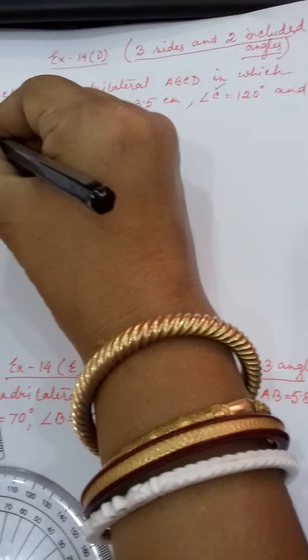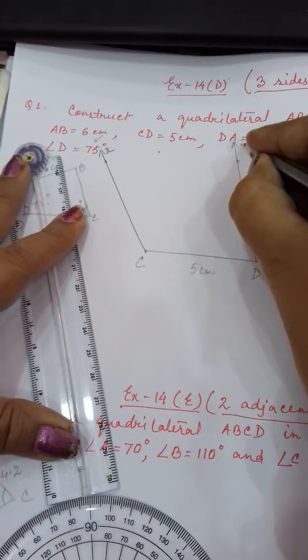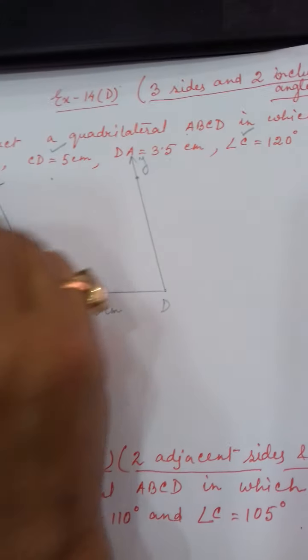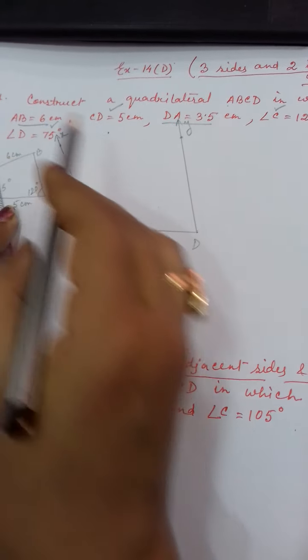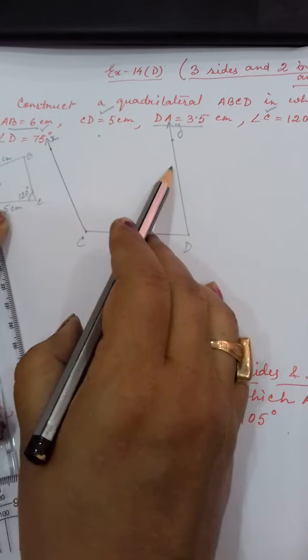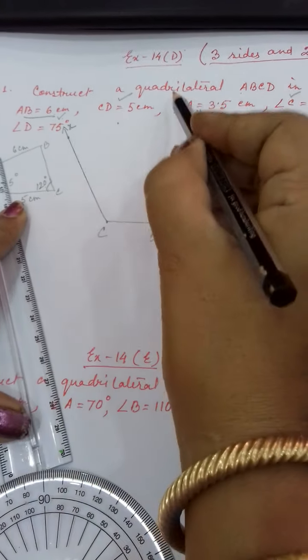After joining the points, mark them as X and Y. Clear? Now two more line segments are left, AB and DA. For AB, you have not got the A and B points yet, so you cannot draw the AB arc. DA you can draw.